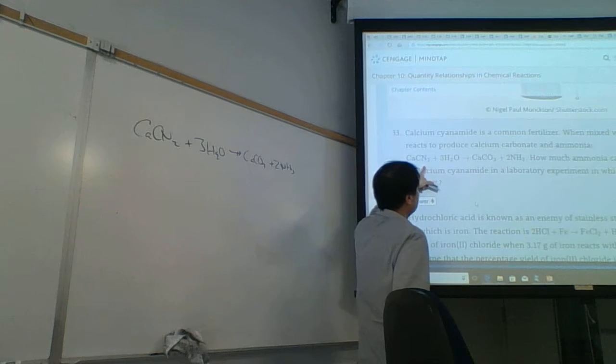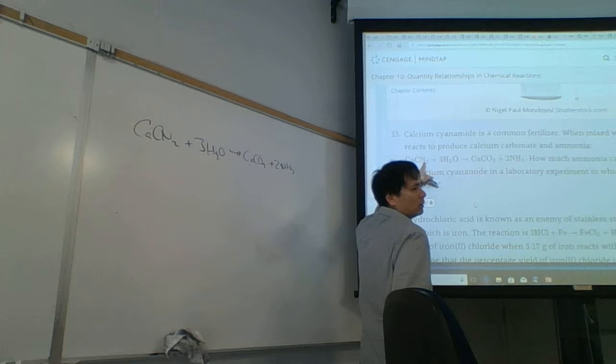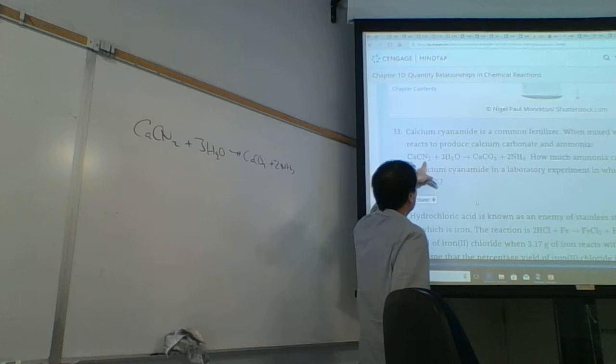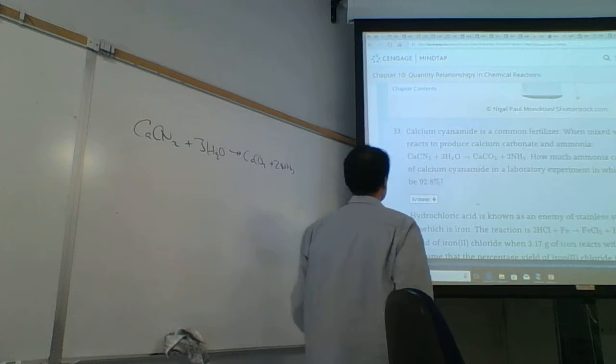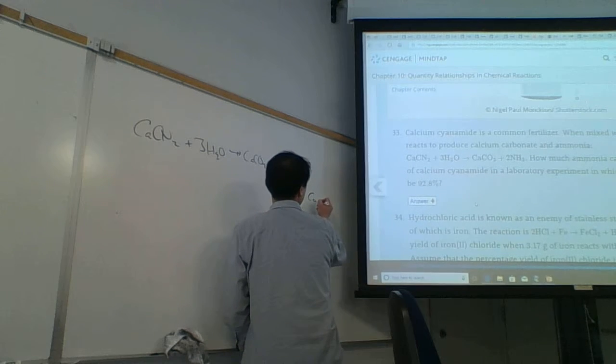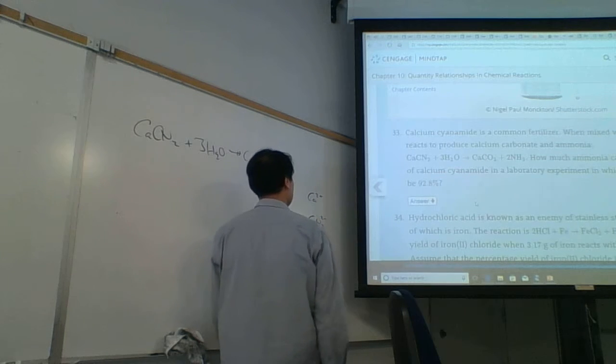One way you can tell if it's redox is by looking at the oxidation states and seeing if they change. So calcium's 2+. What would nitrogen be? Nitrogen is -3. Since calcium is a 2+, the cyanamide anion must be a 2-.